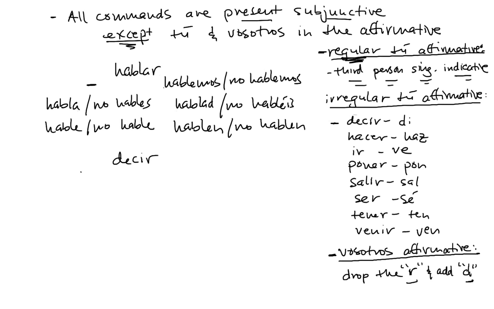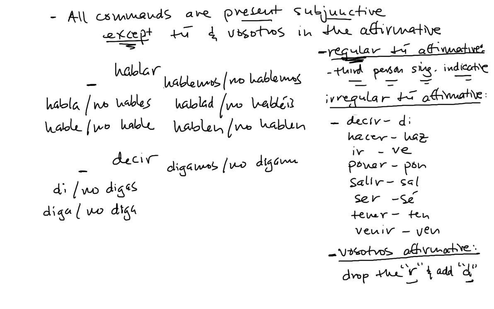We would say for the tú form, there is no yo form, di. The negative would be present subjunctive. No digas, don't say. Usted diga, no diga. Say, don't say. Or tell, don't tell. Digamos, let's tell. No digamos, let's not tell.